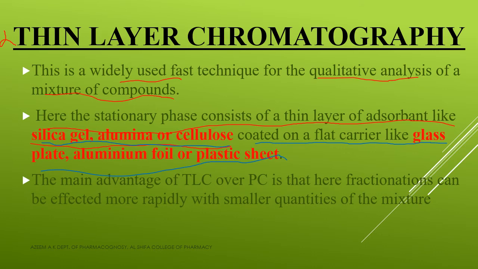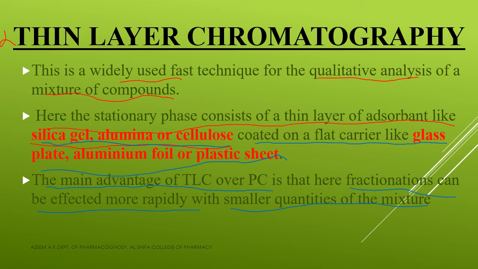Clear? Then the main advantage of TLC over paper chromatography is that here the fractions can be affected more rapidly with smaller quantities of mixture. In paper chromatography, the rate of fractionation is very slow.